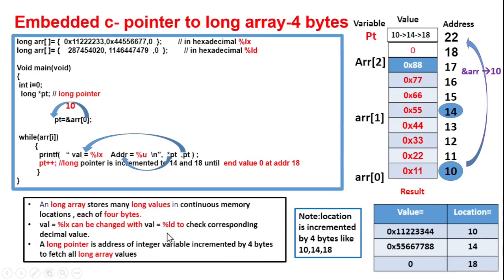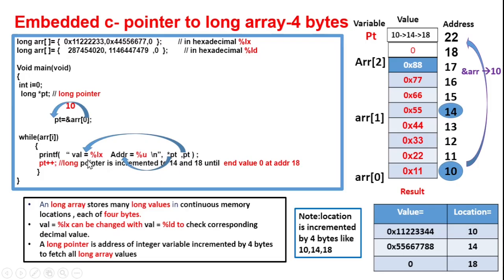Next, similarly, a long array gets 4 bytes each. It will store 1 1 2 2 3 3 4 4, and the next one is 5 5 6 6 7 7 8 8. Finally 0 will be there. Now what we do, the long pointer points to the individual values.